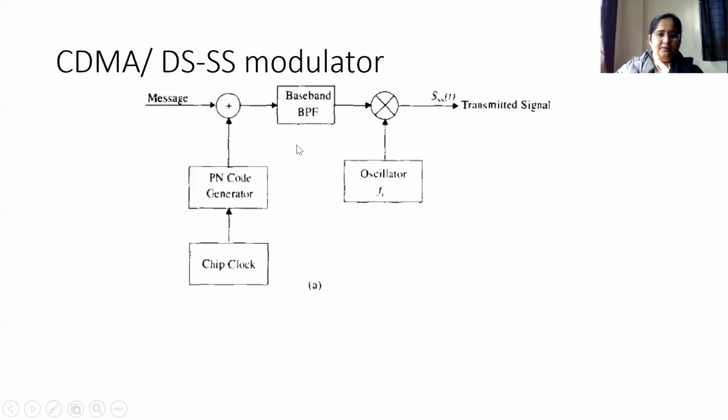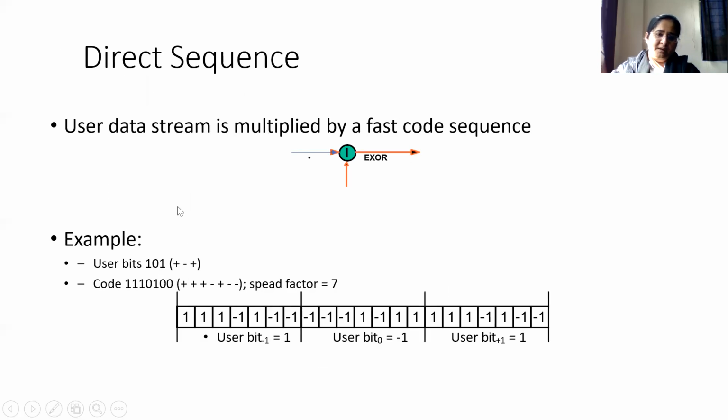In our transmission block diagram, the modulated signal, the spread signal actually, will be obtained at this end. From this we can see that our 1 bit is transformed into 7 bits. That is, our signal gets spread.